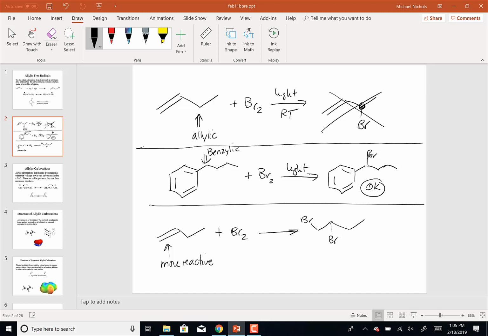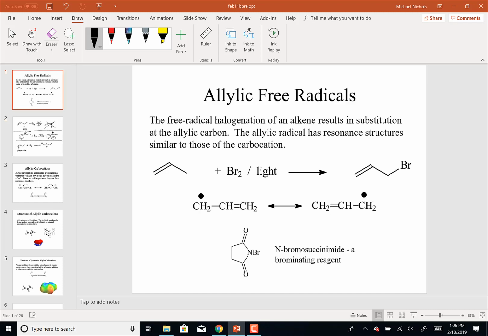So that means I need another reagent to do free radical halogenation with double bonds. That other reagent is this one, called NBS, N-bromosuccinimide. NBS is a source of bromine atoms. It does not produce bromine molecule.